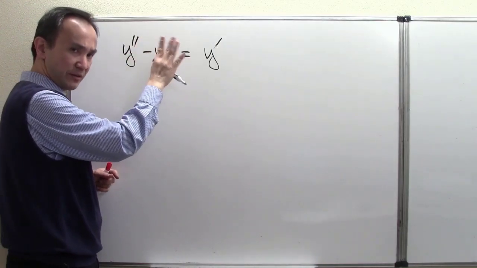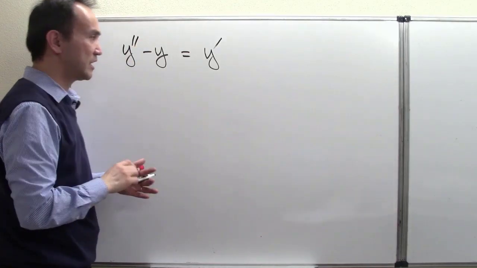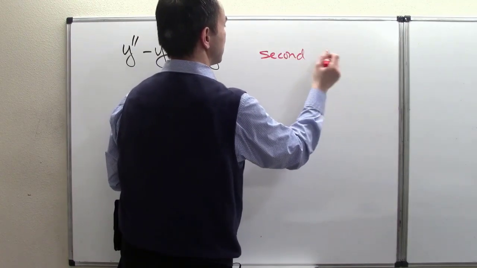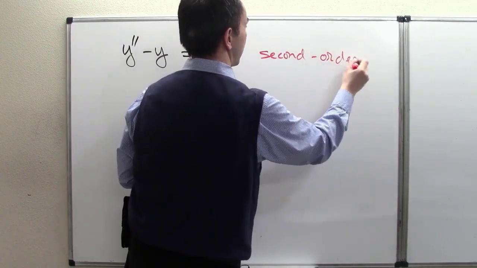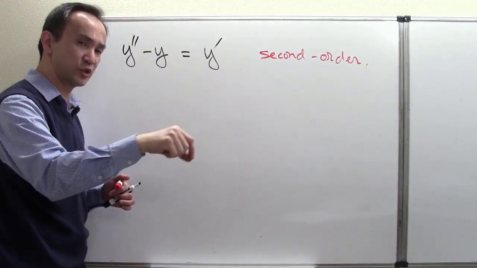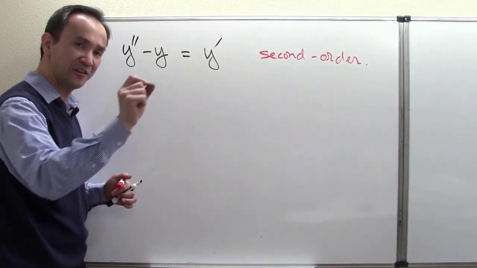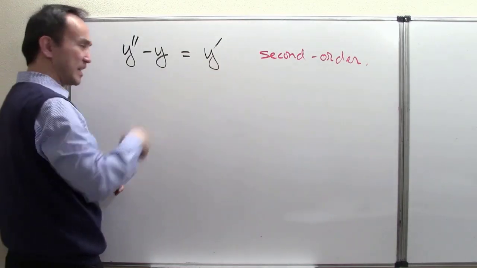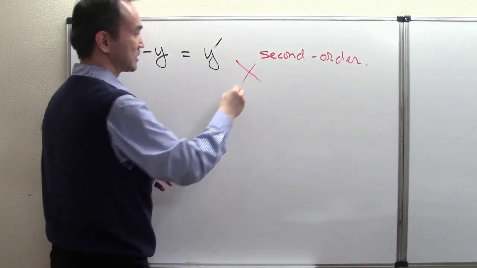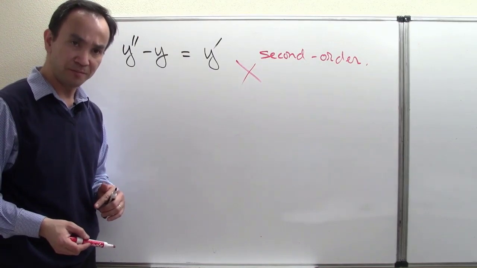The highest derivative order is a second derivative, so this one is second order. The question wants us to determine which among the given equations is first order, and since this one is second order, it fails to be first order. So this one is not a first order differential equation.